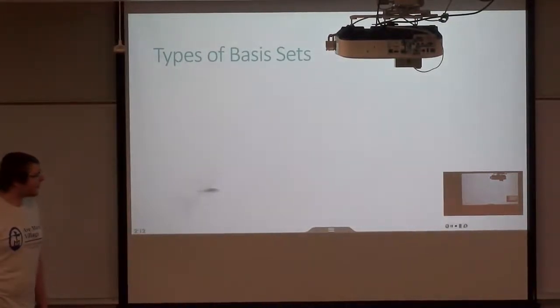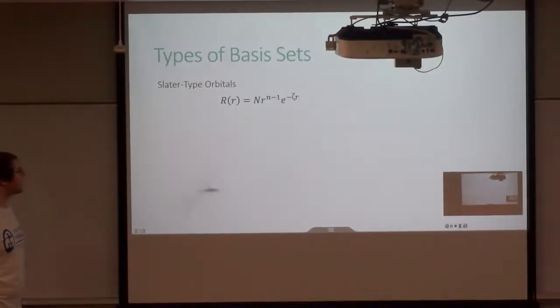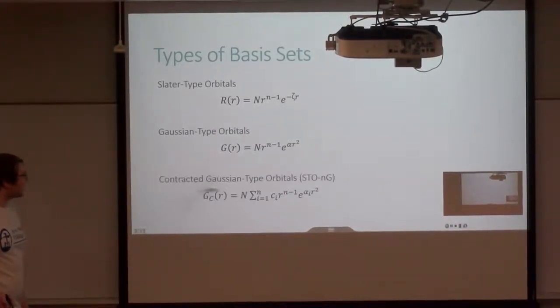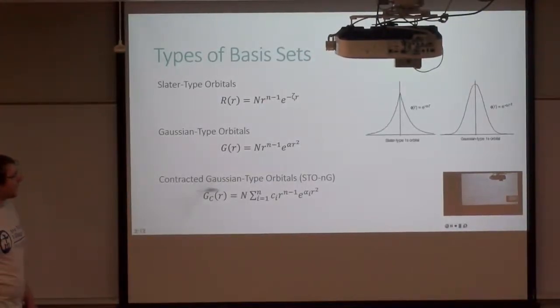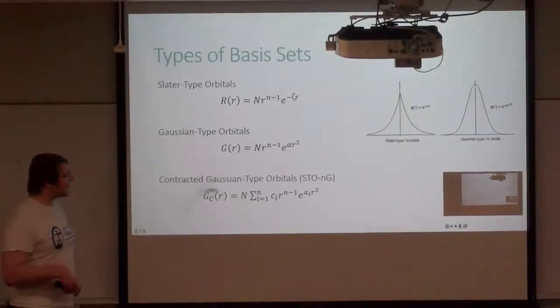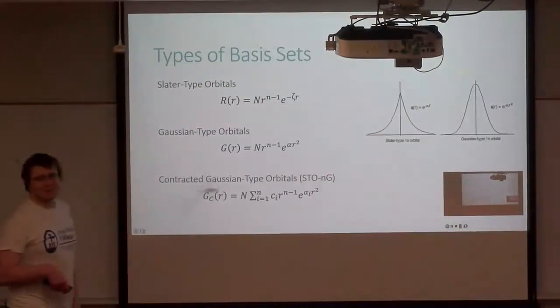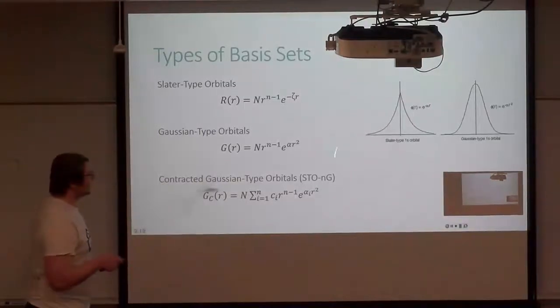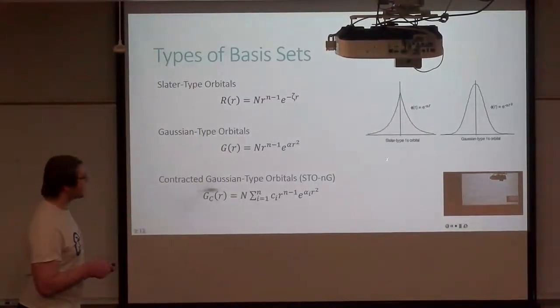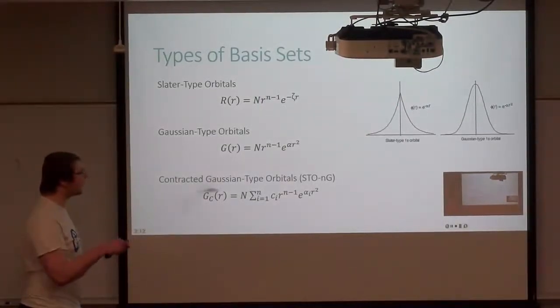And there's a few different ways that we can approach this. So we can use these things called Slater type orbitals. We could use Gaussian type orbitals, or we can use contracted Gaussian type orbitals. So looking at the difference, because the equations aren't the important part, it's the shape. So comparing these Slater and Gaussian, Slater is very pointed and peaked.